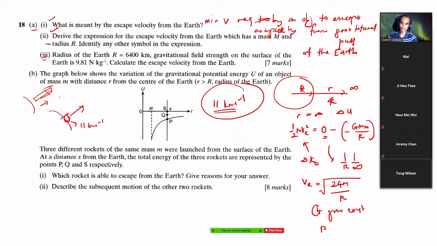So this is question A3. If you let's say this is a ball, you kick it at 11 kilometer per second, it will be launched out to space. But our rockets that went to outer space have less than 11 km per second.